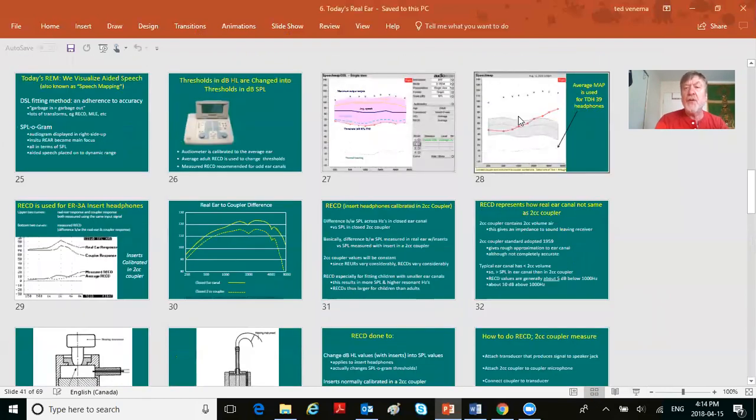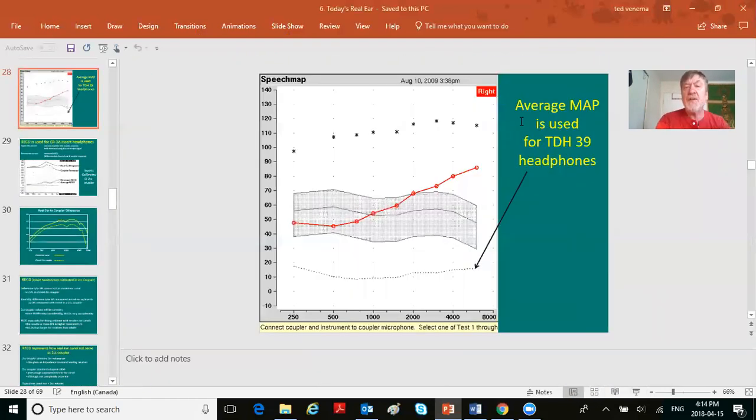Say you're looking here. Look at the asterisks. These are average uncomfortable loudness levels across the frequencies, for specific frequencies, for this kind of hearing loss. So you can choose the averages, or you can measure and plot your own. It's the same with RECD. You can either measure it or use the predicted averages. And that's the thing about today's real ear.